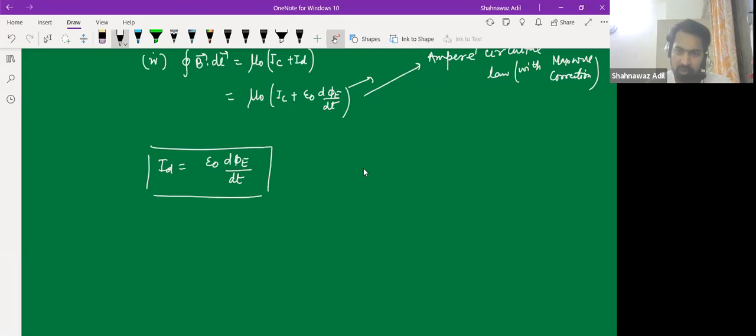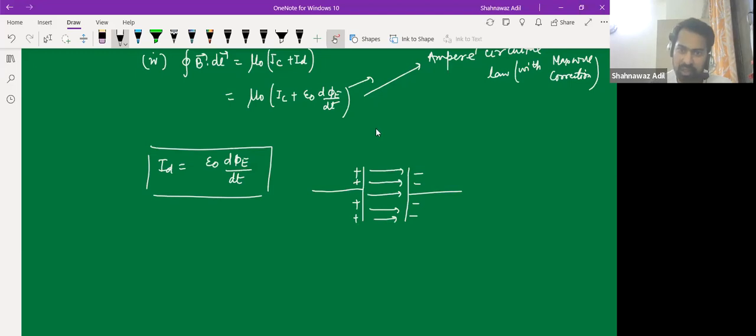Okay, so we have a changing current, right? So this will charge this plate. This is a charged capacitor plate, and inside the plates there is no flow of charges, right? But we have an electric field, and electric field is how much?